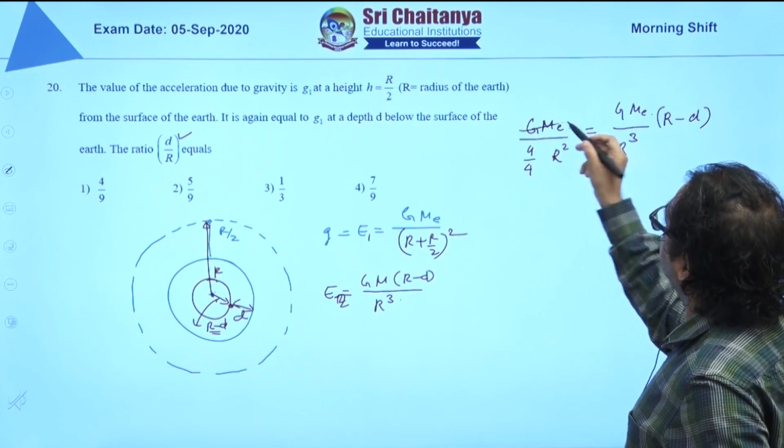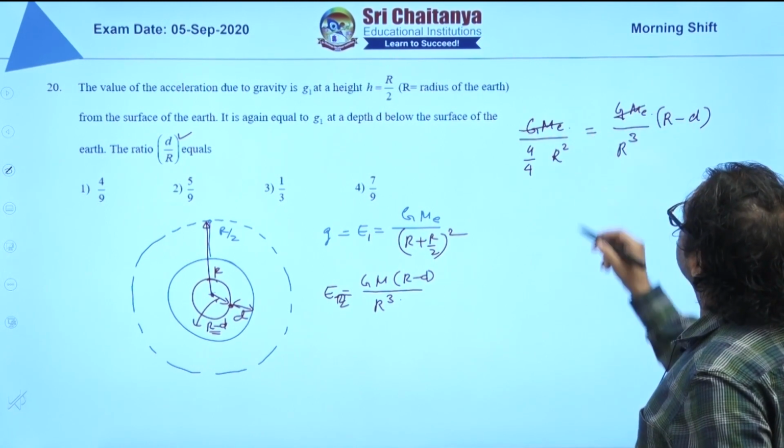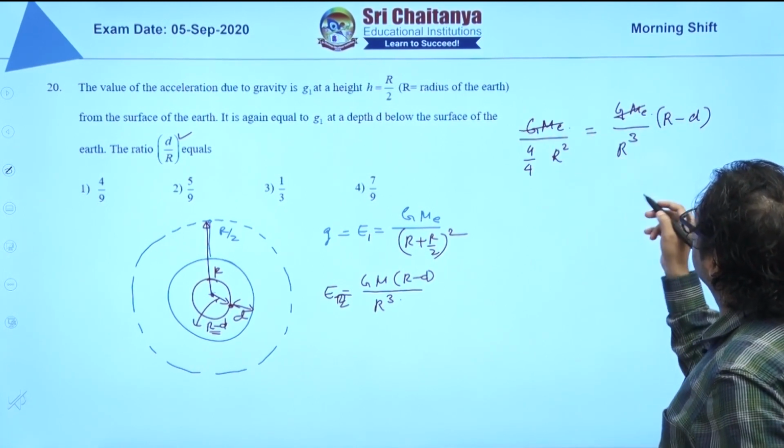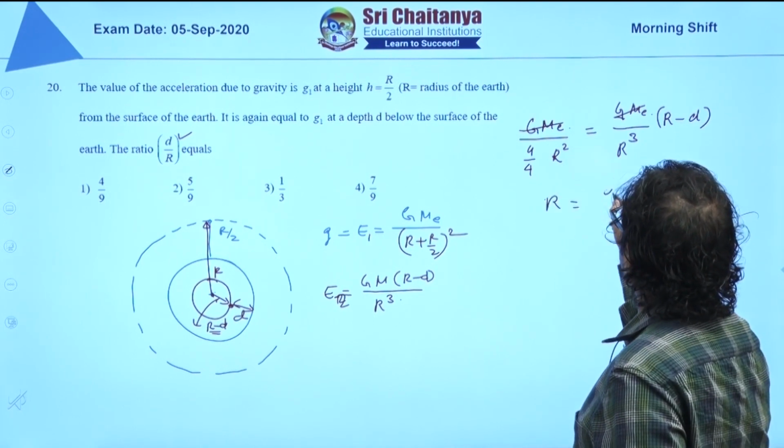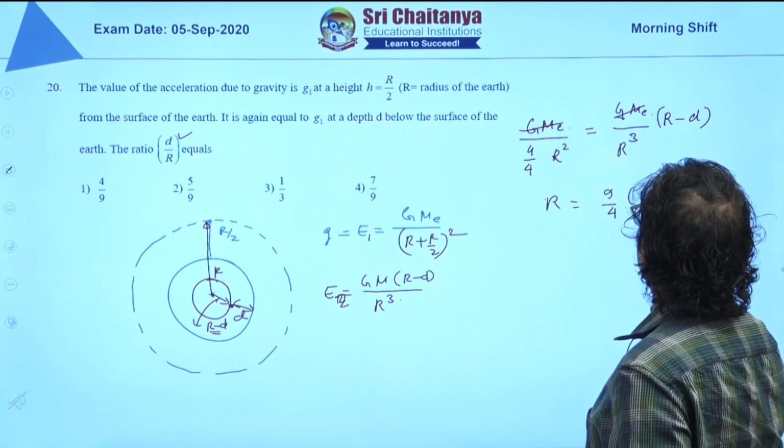So, these are getting cancelled. So, one R is left. So, R equal to 9 by 4 (R minus d).